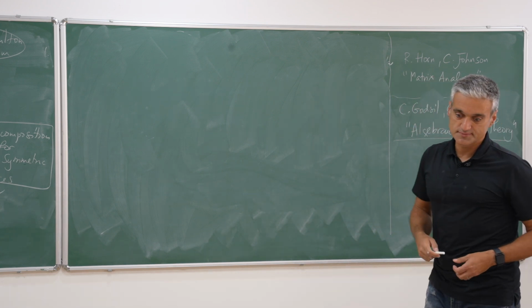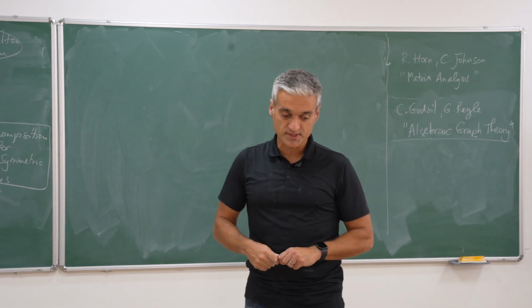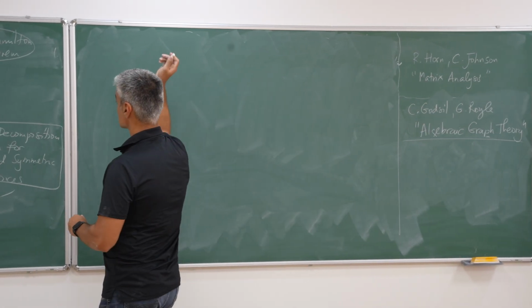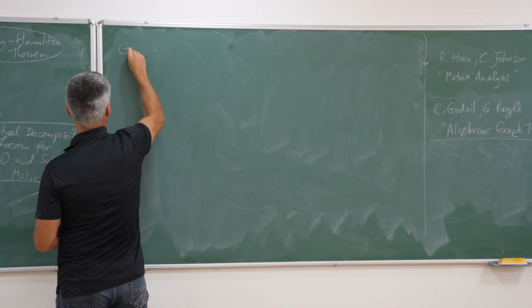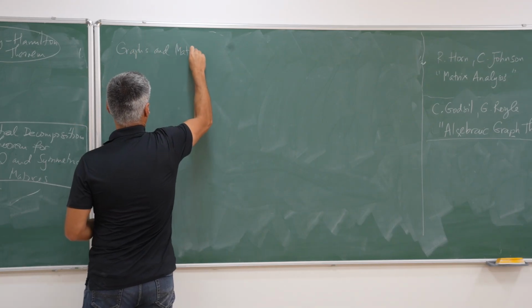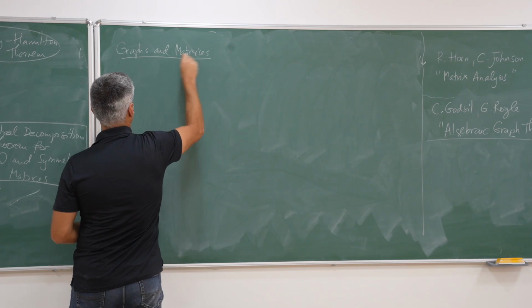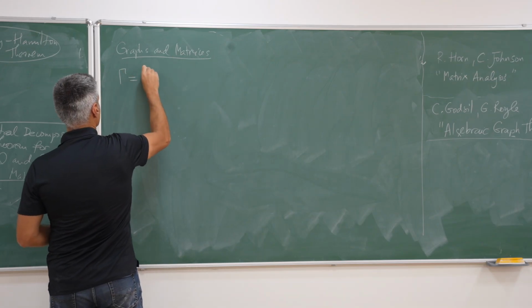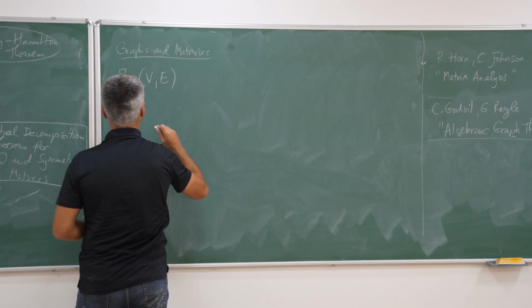So now we can go into talking about graphs and all that. Here's a notation that I'll use for graphs and matrices. I'll have gamma, V, E. That's the notation that I will use.